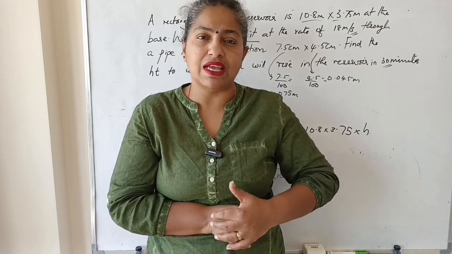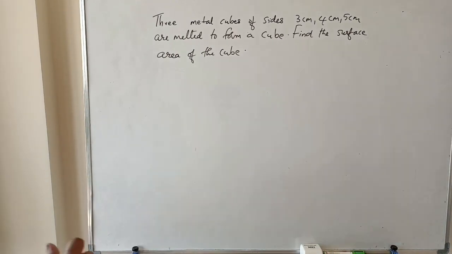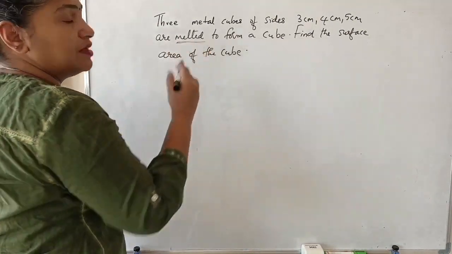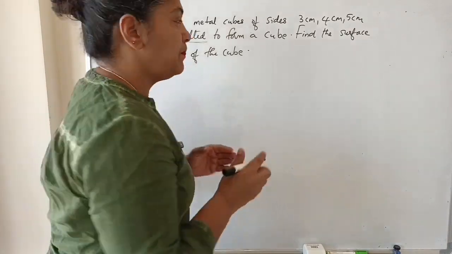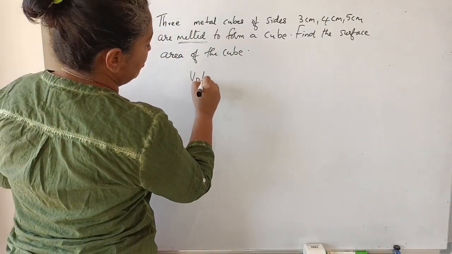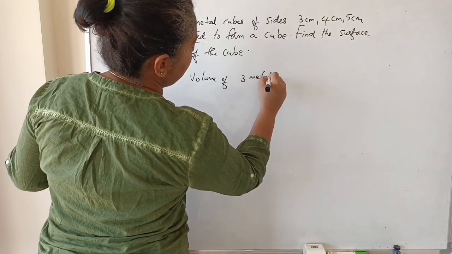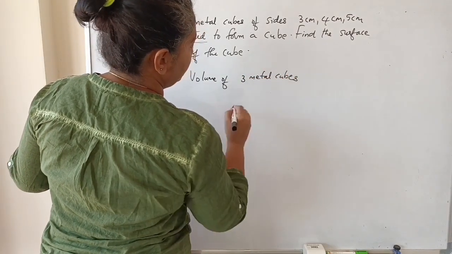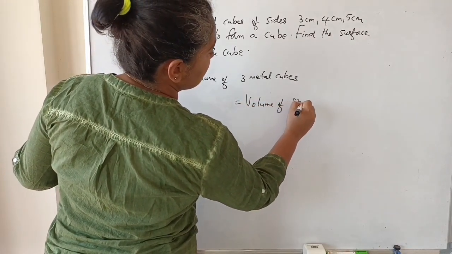So let us do a couple of sums and see how we can apply it. 3 metal cubes of size 3 centimeters, 4 centimeters and 5 centimeters are melted to form a cube. Find the surface area of the cube. Whenever you have the word melted, remolded or converted, it means that the volume remains the same. So I can say that the volume of 3 metal cubes is equal to the volume of the single cube.